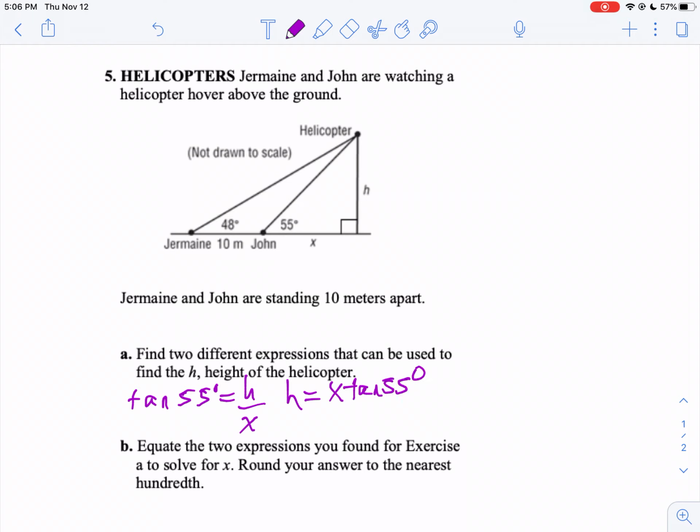Now for Jermaine's triangle, we have the angle of elevation, which is 48 degrees. But notice the distance from the vertical beneath the helicopter to John is x. What's the distance to Jermaine? Well, this total distance, we're going to use the segment addition postulate. And I'm going to say that total distance is going to be 10 plus x.